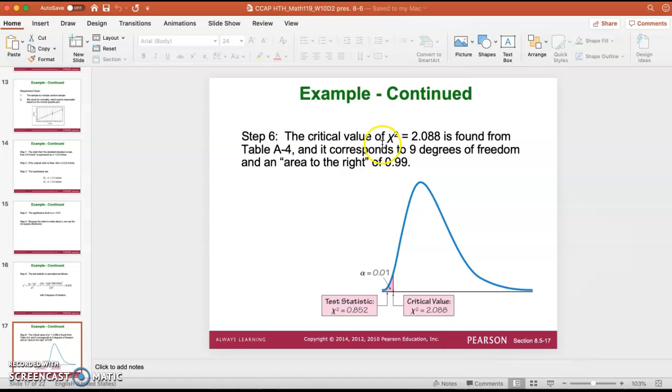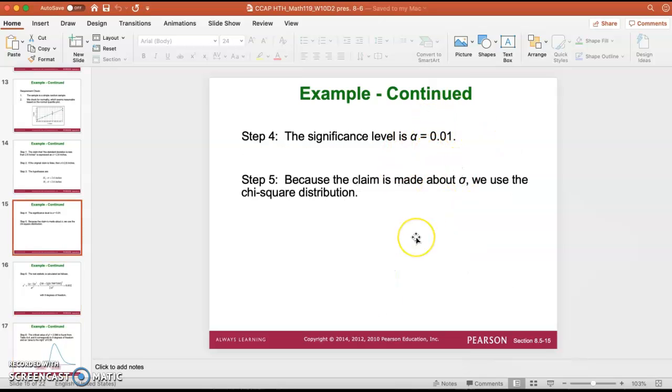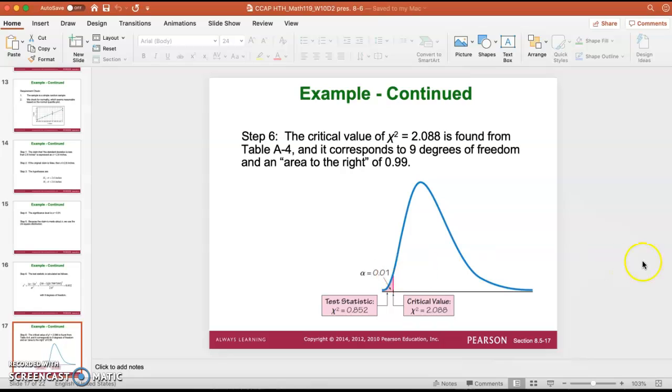The critical value of 2.088 is found from table 8-4, and it corresponds to 9 degrees of freedom. Again, the chi-square table, for our purposes, gives us areas to the right. So if we have a significance level of 0.01, that means the area to the right is 0.99.